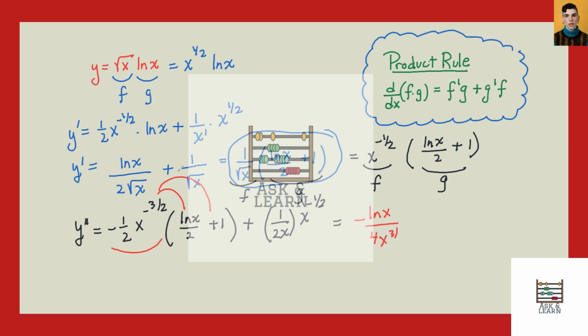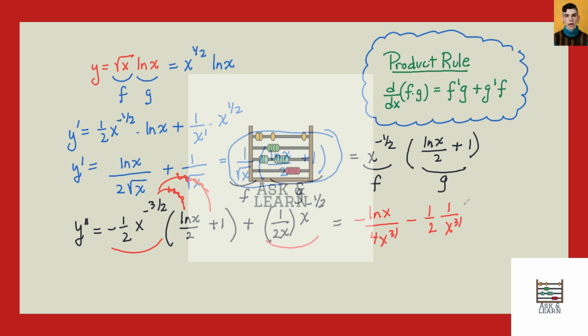That's cleaning up this first part. And then we'll do the second part. So that will be minus 1/2 x to the minus 3/2. Well, I can put it on the bottom. Why don't we do that, make it pretty? So this will be 1 over x to the 3/2 on the bottom.